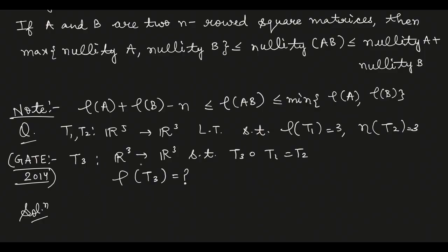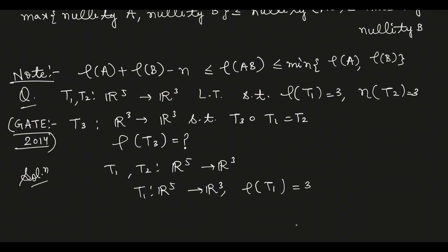So firstly, T1 and T2 are mappings from R5 to R cube. Rank of T1 is 3. So by the rank nullity theorem, nullity of T1 will be 5 minus 3, which is 2.